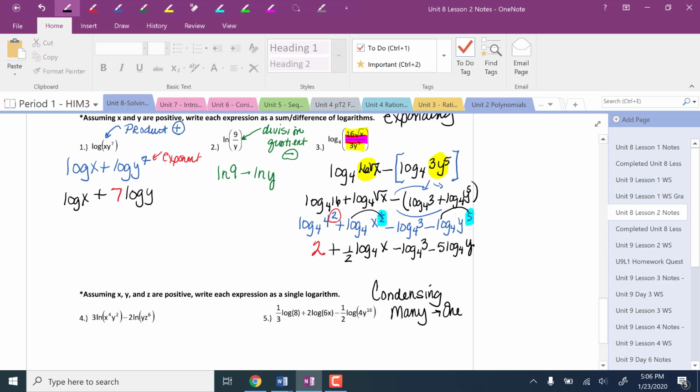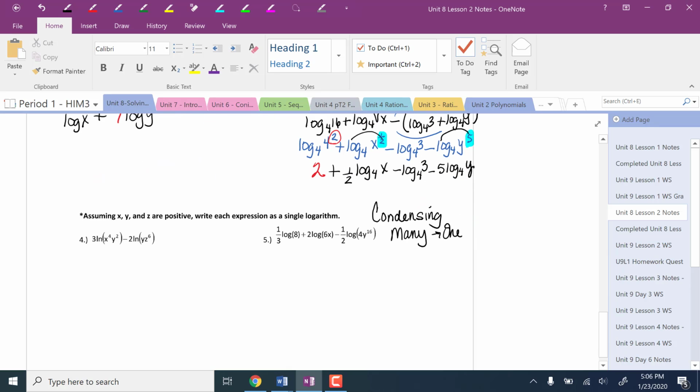This is going to be a powerful technique for us to be able to solve log equations. And we want to do it one at a time. We want to take care of the exponent piece first, and then look for our structure for our division and products.